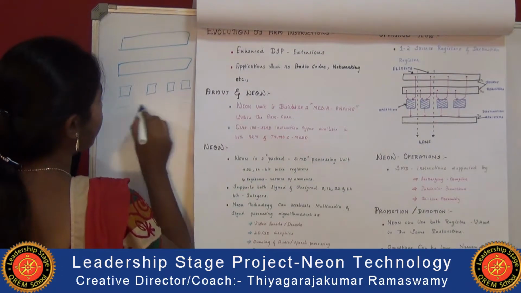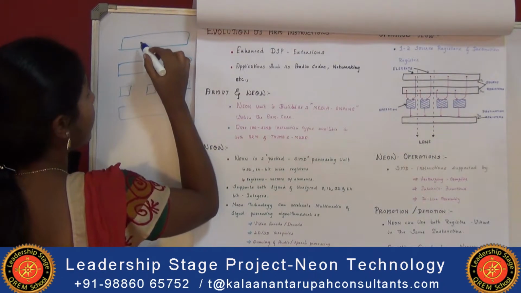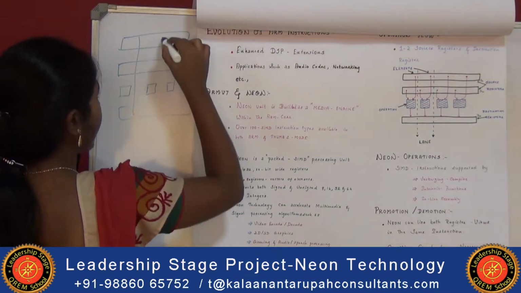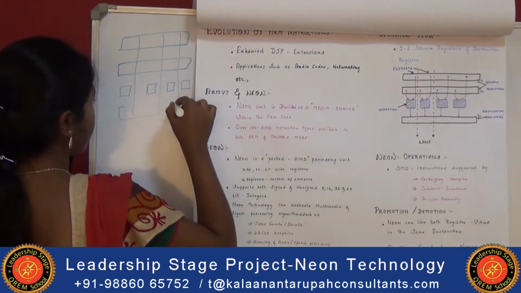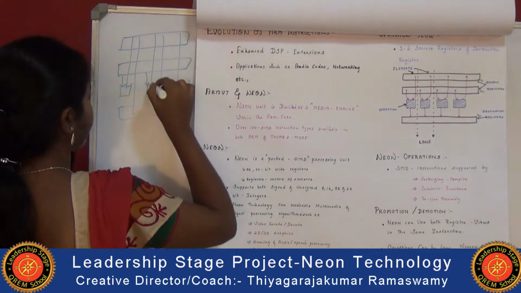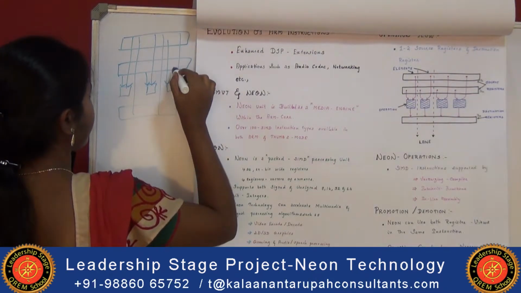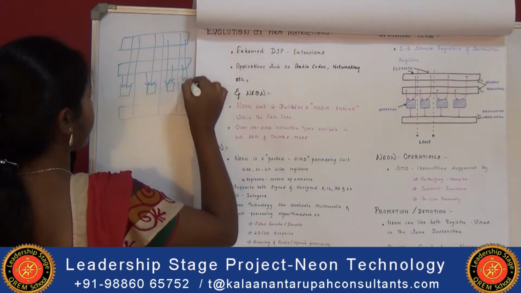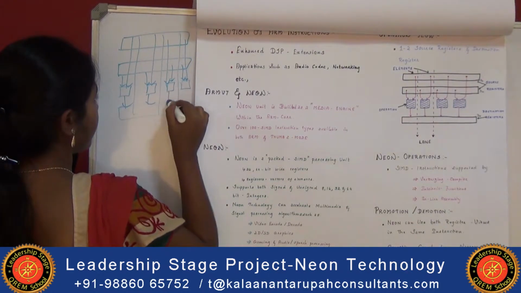As I said, the operand flow of the Neon will be like this, and there will be 4 lanes, and it produces the output.